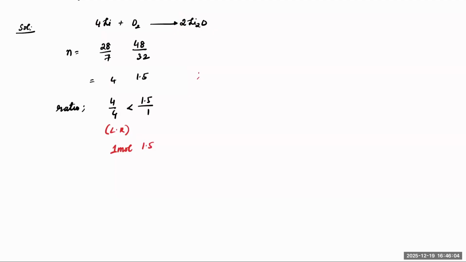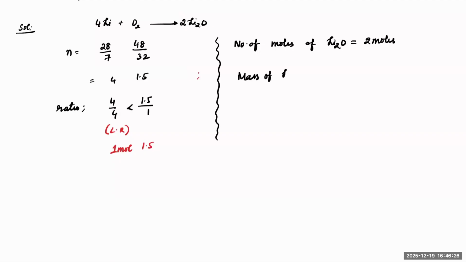So the number of moles of Li2O will be equal to 2 moles. Make sense? So what is the mass of Li2O? That will be 2 moles multiplied by 30, molar mass is 30, which makes it 60 grams. All good?